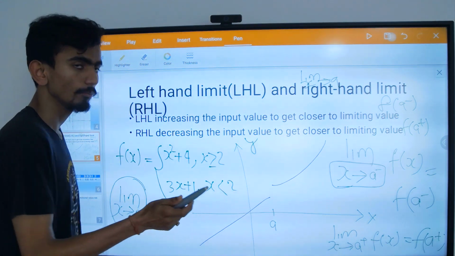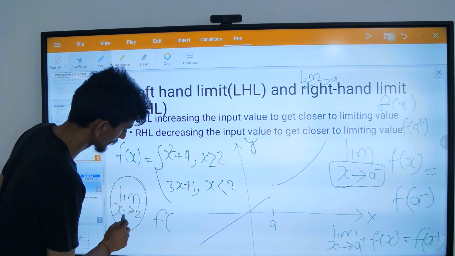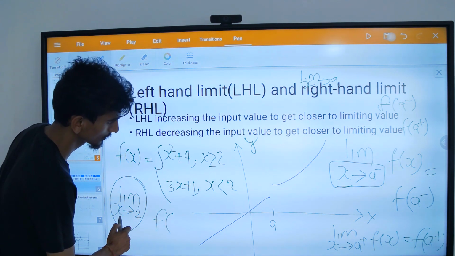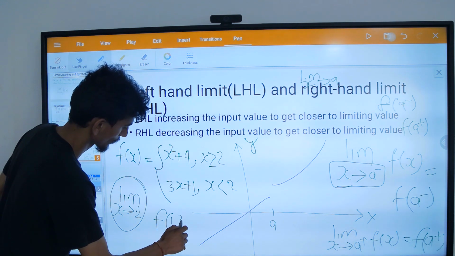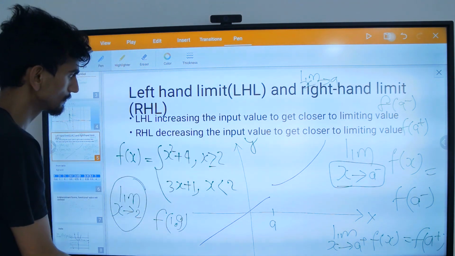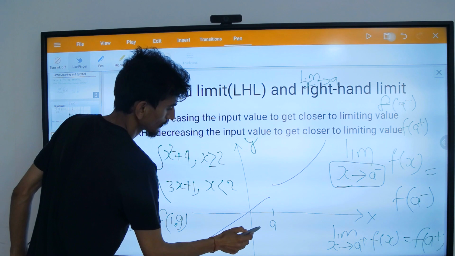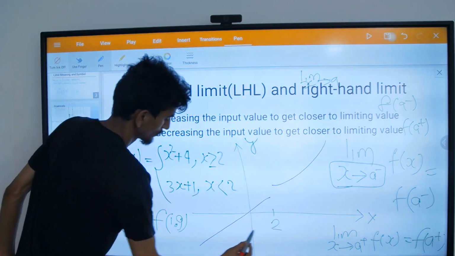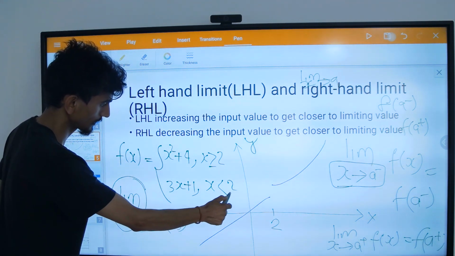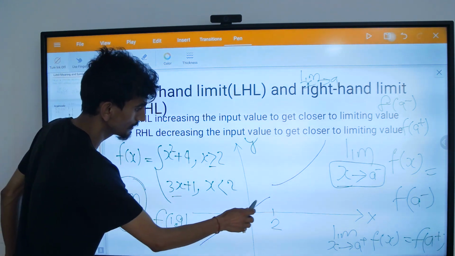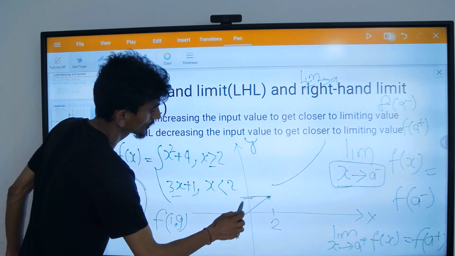For left hand limit, we need to put the input a little less than 2, let's suppose it is 1.9. f(1.9) in this function, if this is 2, f(1.9) would be on the part less than 2, so we take this part of the function. f(1.9) is nearly this value.